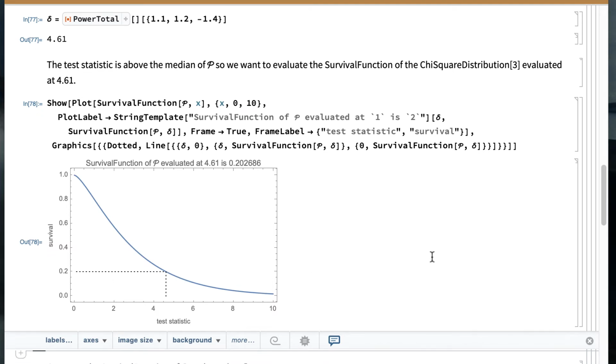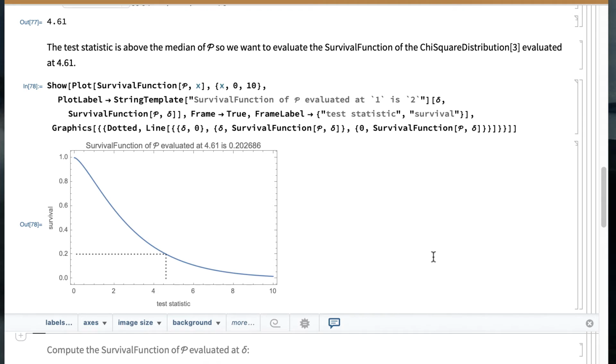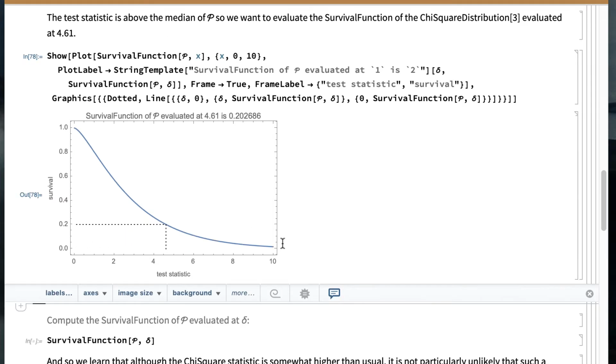And so this means that you haven't really disproven the null hypothesis, because even if the null hypothesis were true, you could get a sum of squares for your data that was at least 4.61 about 20% of the time.